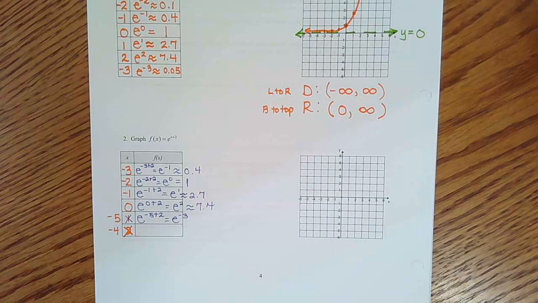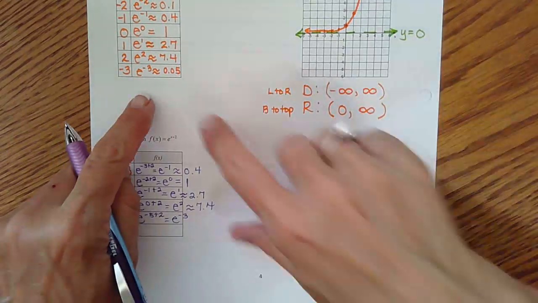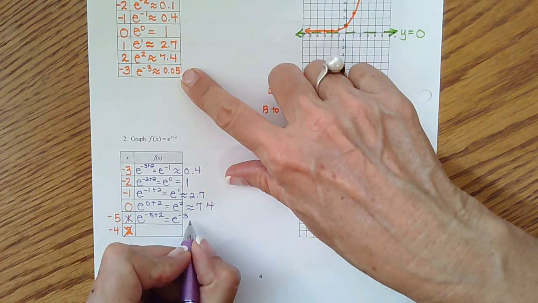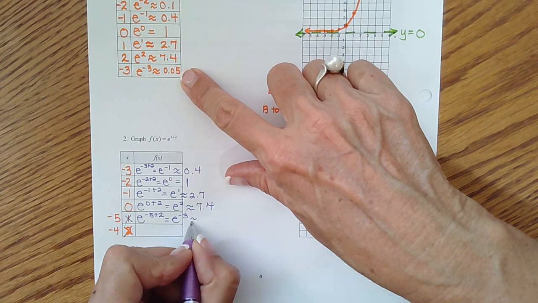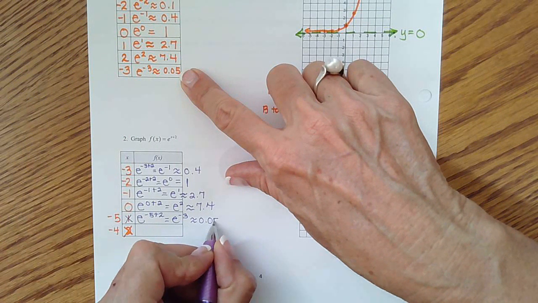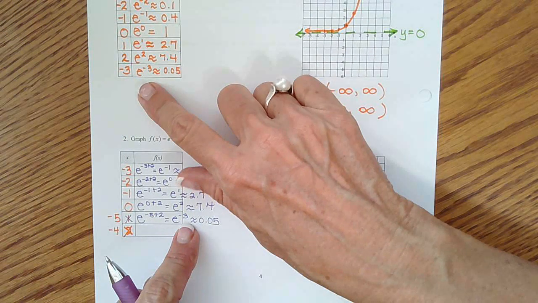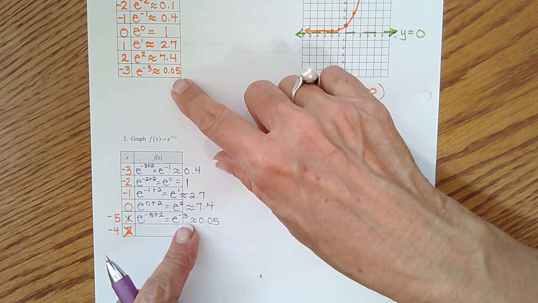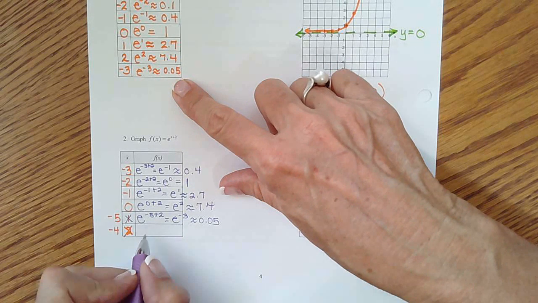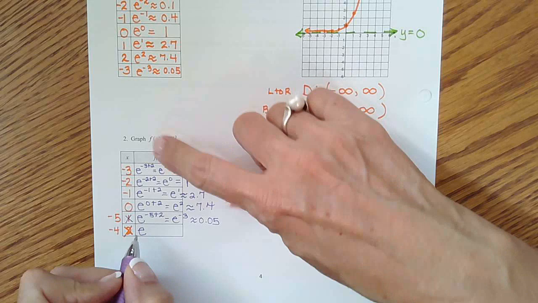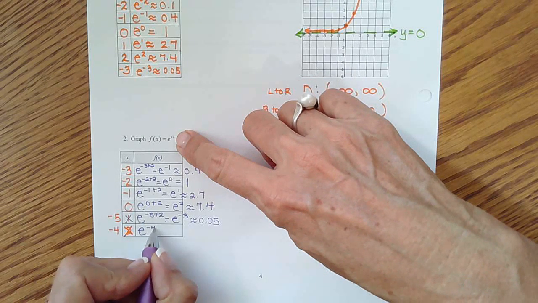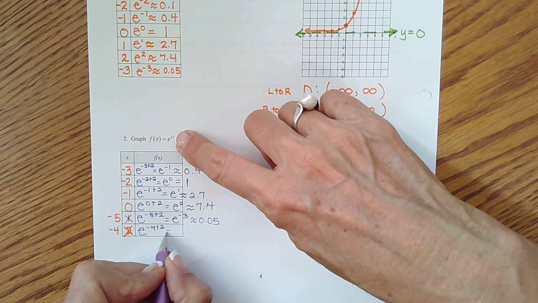That one I don't think we've done yet. Oh, yes, we did, which is about 0.05. So -5 plus 2 is -3. e to the -3 is approximately 0.05. And then last, e to the -4 plus 2 is e to the -2.